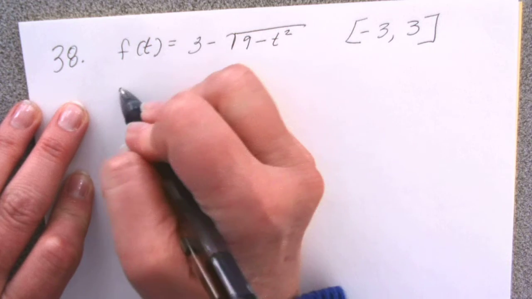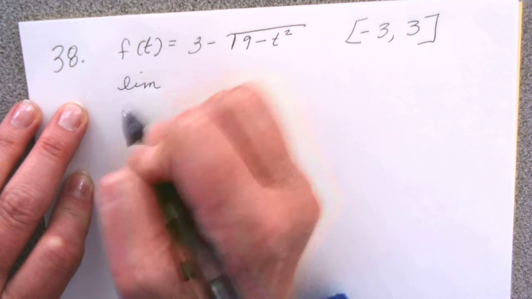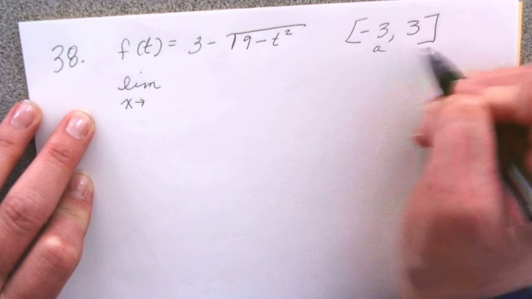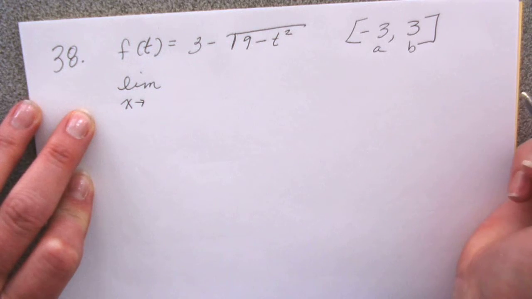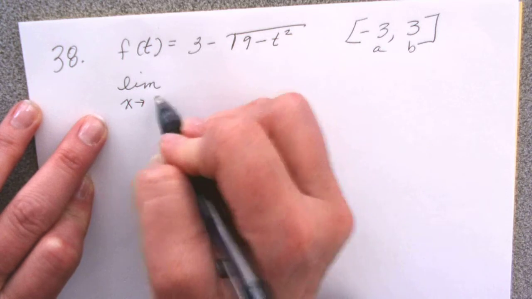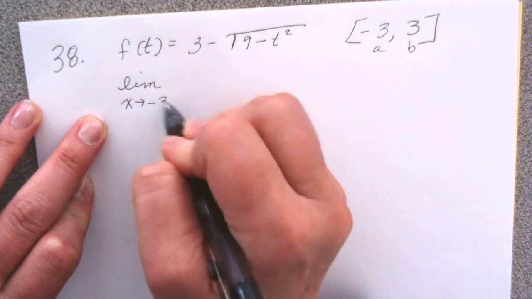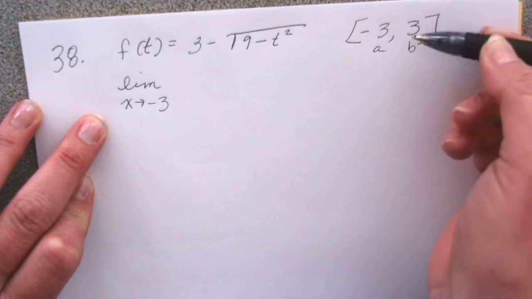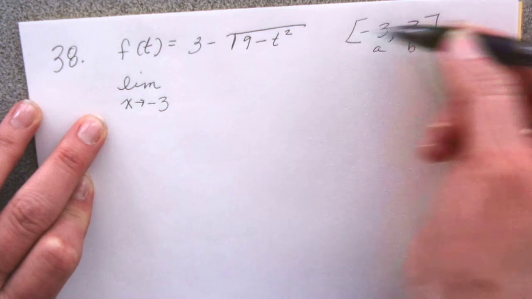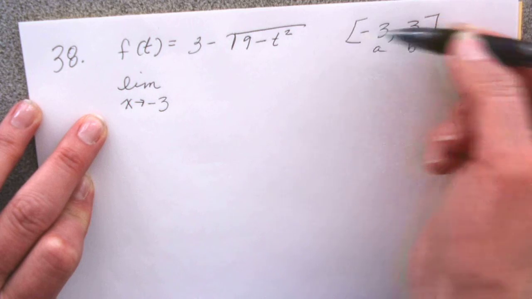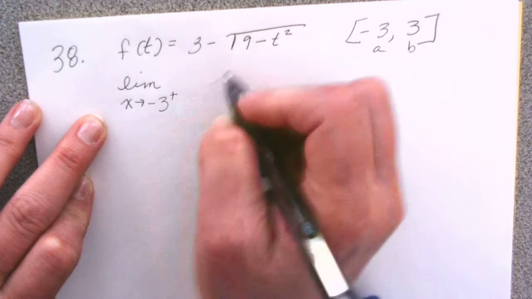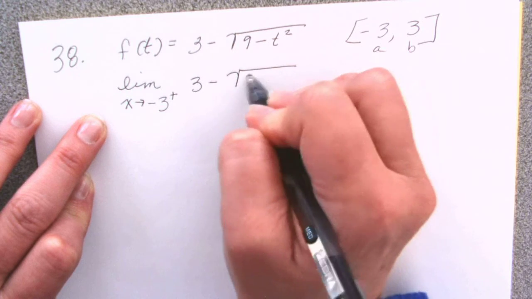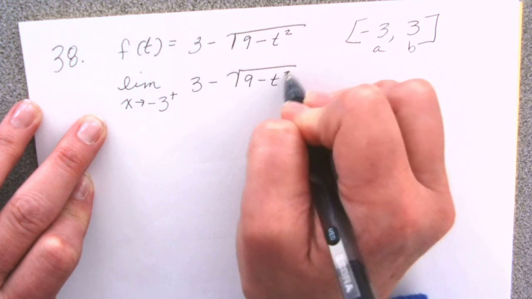So we're going to take the limit as x approaches a, so this is a, this is b. The limit as x approaches a is -3, from which direction? Because we're inside this interval coming towards the endpoint, so from the right. And then we put this in here, 3 minus the square root of 9 minus t squared.